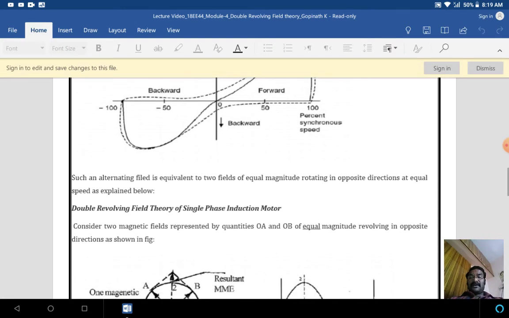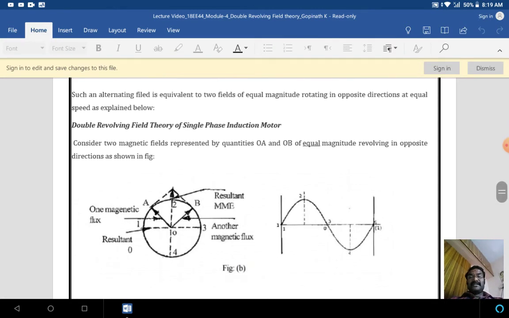Now consider two magnetic fields represented by quantities OA and OB of equal magnitude, revolving in opposite directions as shown in the figure.